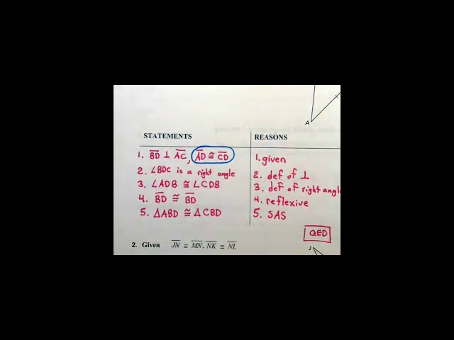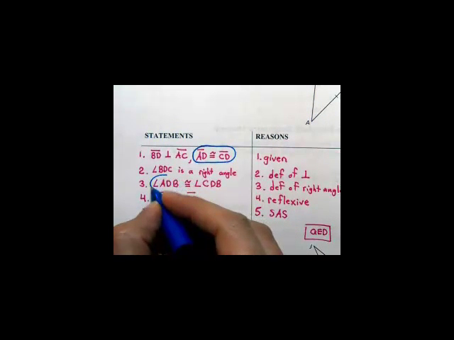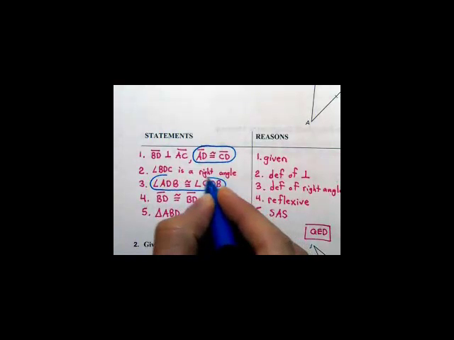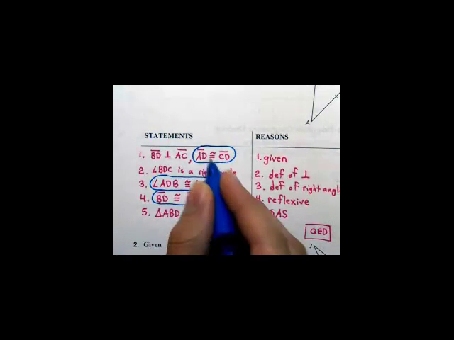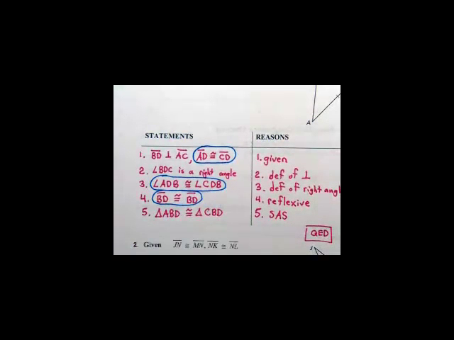So there's AD and CD. So there's the segments. There's one pair of segments that are congruent. Then we did the angles right here. And then we did the other side. Side, angle, side. It should be in there just like that. The two sides and the angle that you need to do the SAS right there.